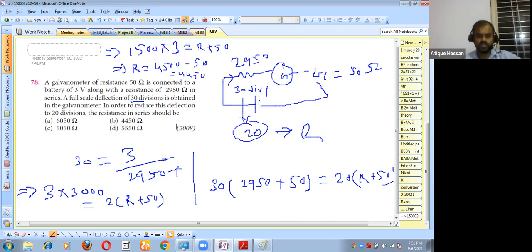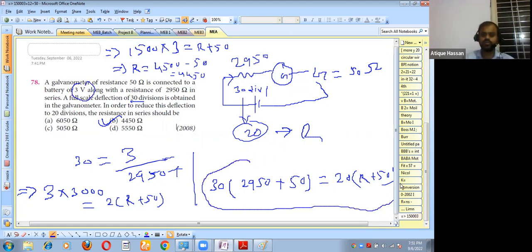So the correct answer is B. Your answer was right. The only thing we have to do is, there is no use of this 3 volt. Just write I1 R1 is equal to I2 R2 and you will get the answer. Have you got it?